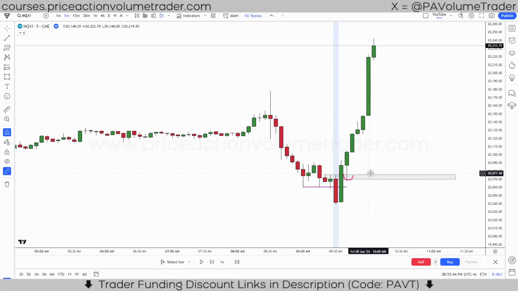But if you would have taken this larger resistance area right over here, then you could have gotten in on the close of this candle. But again, in this case, we did not get a very obvious pullback in order to get back in on it.